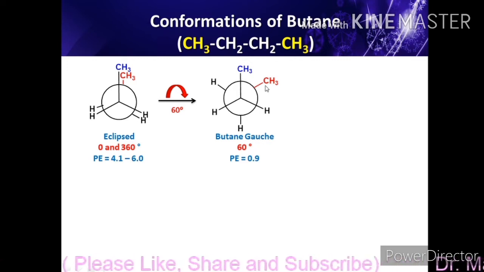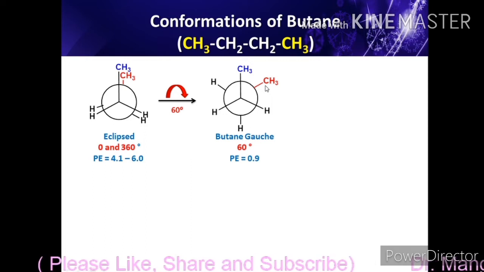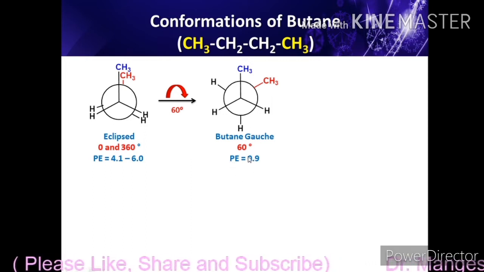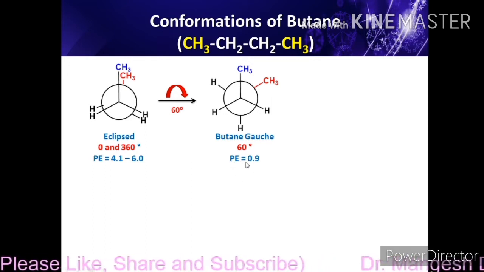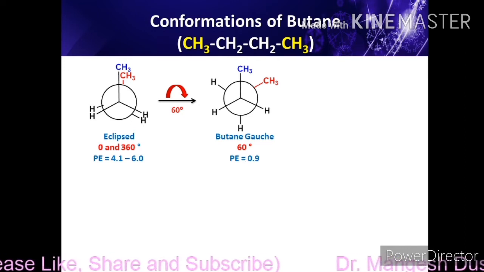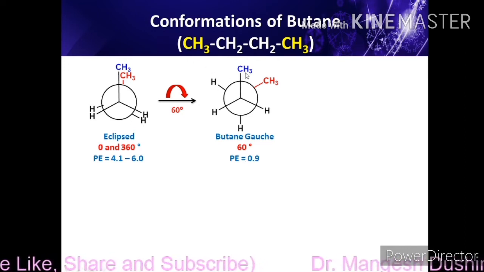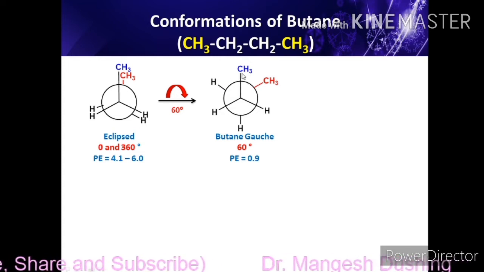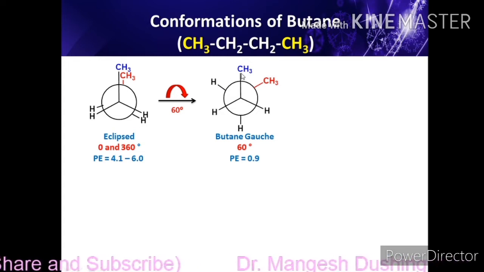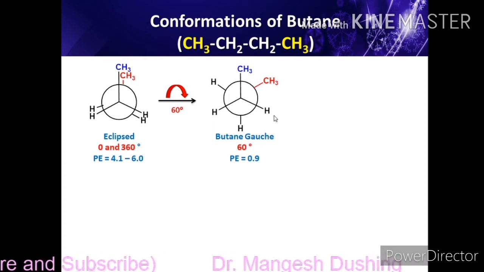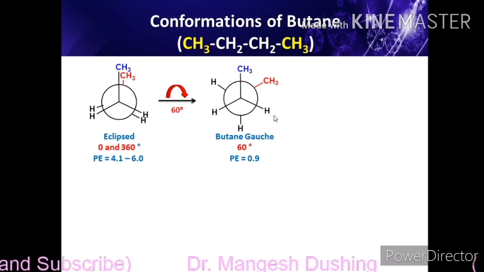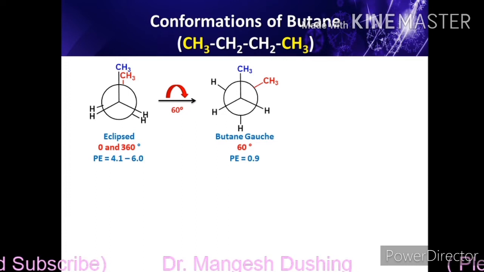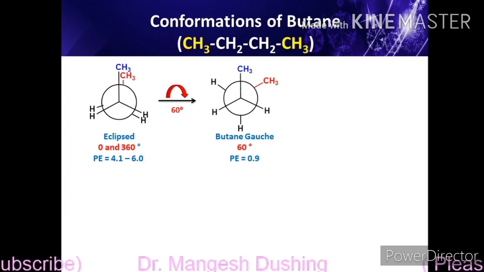If methyl and methyl make an angle of 60, that gauche interaction increases the potential energy by around 0.9 kilocalorie per mole. As we know, for hydrogen and methyl gauche conformation, the energy is 0. Methyl hydrogen gauche interaction raises nothing, that is 0 kilocalorie per mole.